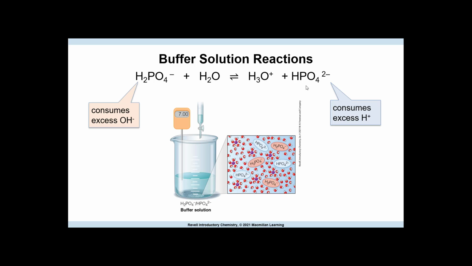The ratio of H2PO4 minus to HPO4 2 minus will change, but the amount of proton and hydroxide present changes only slightly. So the acid will react with any hydroxide, which is a base, and the conjugate base will react with anything acidic coming in, which will result in a proton, and it pushes the equilibrium this way, where the other one will push it that way.